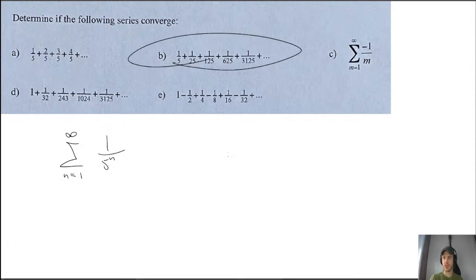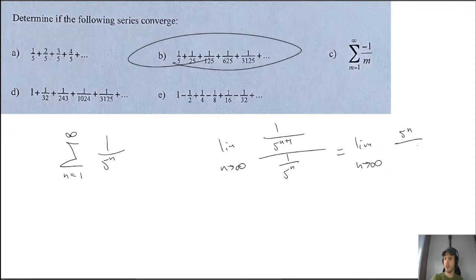Okay, so let's use the ratio test again. We'll do the limit as n approaches infinity of 1 over 5 to the n plus 1, over 1 over 5 to the n. This is equal to the limit as n approaches infinity, we multiply by the reciprocal, and we get 5 to the n over 5 to the n plus 1.